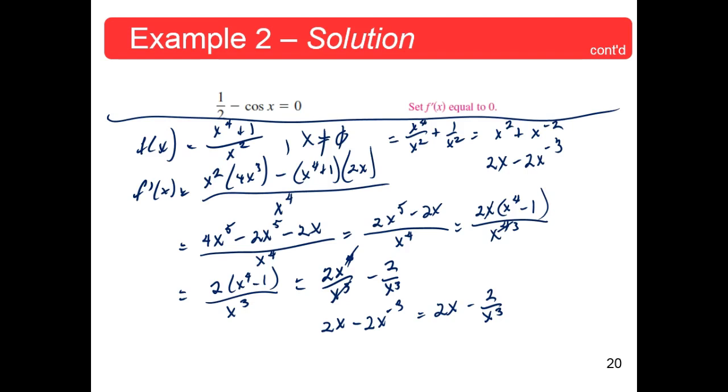Now, actually, now that I think about it, the easier thing to deal with here would be this. Let's write that over common denominator, which is sort of going backwards here. That would be 2x to the fourth minus 2 over x cubed, right? We never quite had it in that form, but we could have, okay?